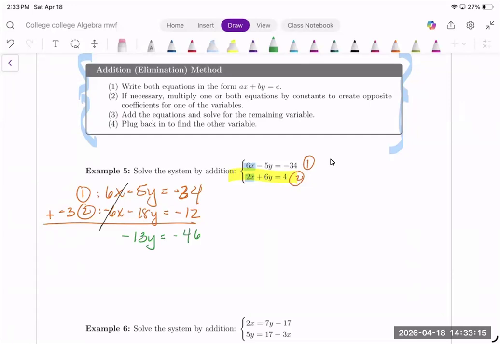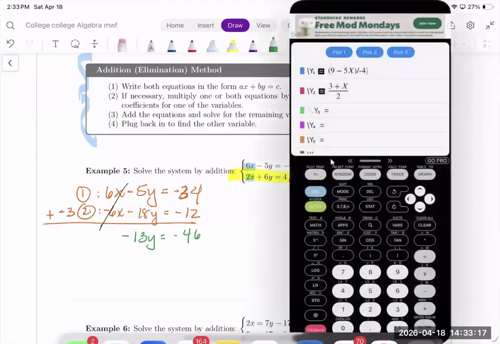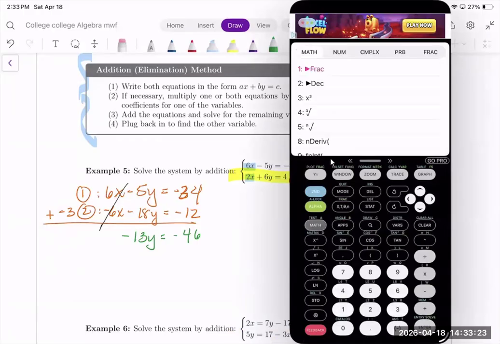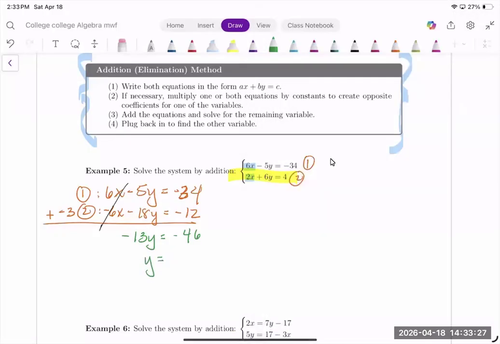So divide by 13. My brain's not working. Oops, yeah, 46 divided by 13. Math, enter. 46 13ths. And positive because negative over a negative. 46 13ths. Okay, that still feels weird, but we're going to go with it.